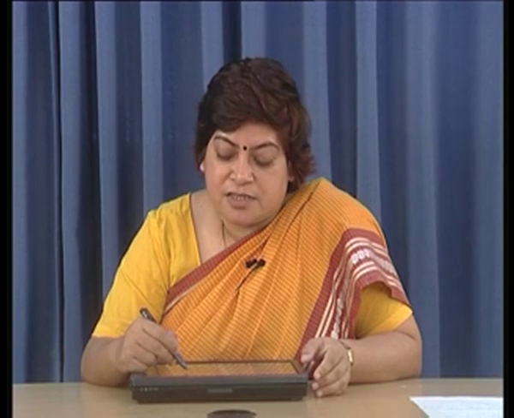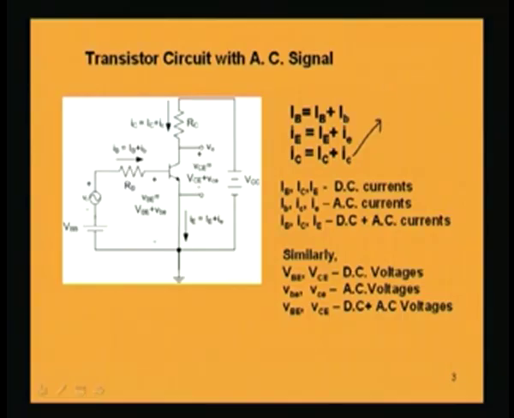And here, if we consider a small i_c, this is nothing but beta_AC times small i_b, where this beta_AC is the AC beta value, and this is magnitude-wise not very different from the DC beta value.